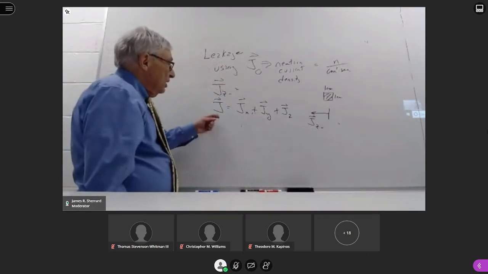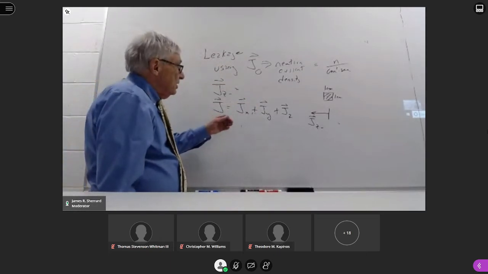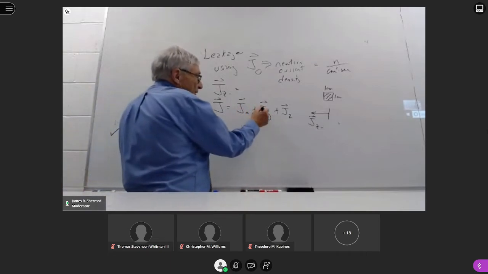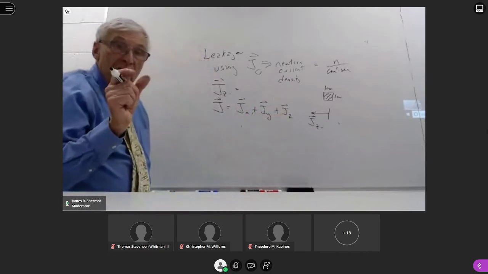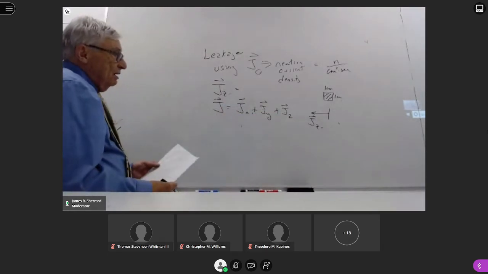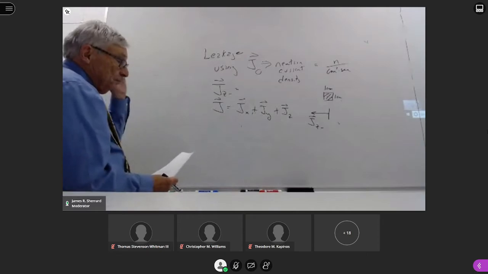Because this leakage for neutron current density is occurring in all 3 directions, and these are vector quantities that are mutually orthogonal, these are vector quantities that you have to vectorially add.